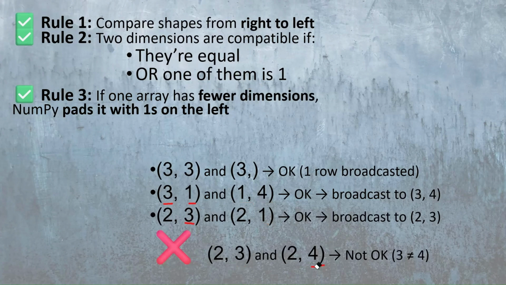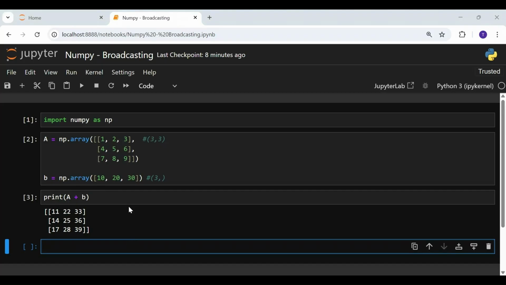Now let's go back to our Jupyter notebook and understand this with some examples. So here we have two arrays. And these can be broadcasted based on the previous condition. And the final broadcast shape is 3 cross 3. Now let's look at one more example.